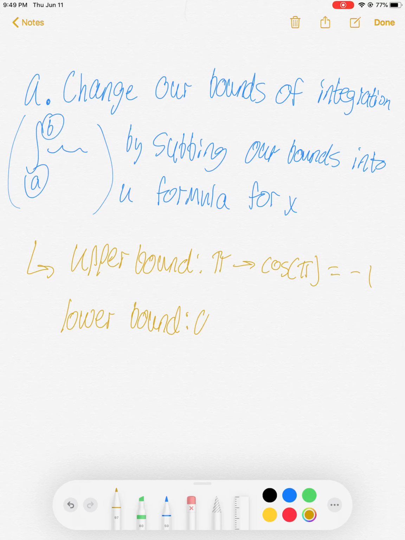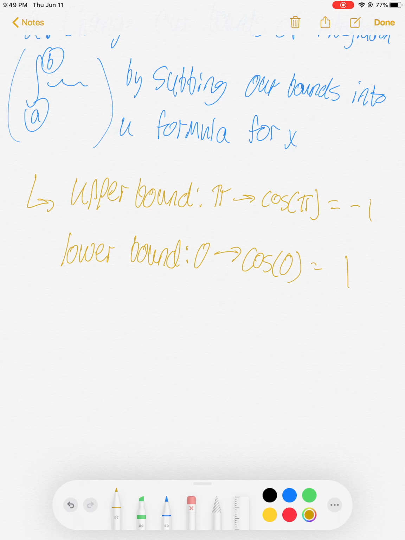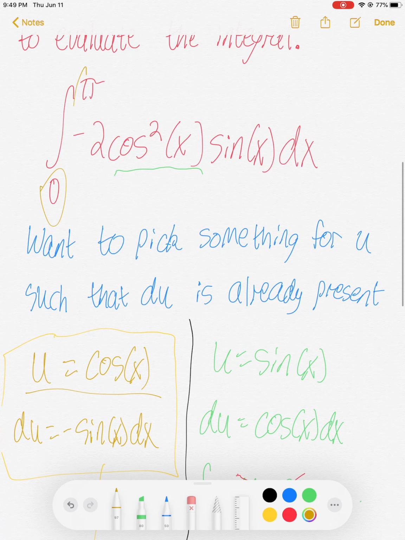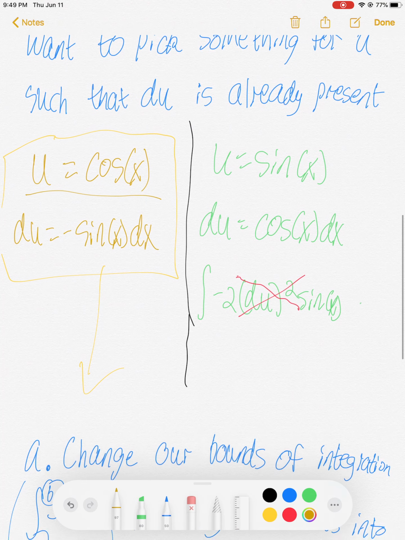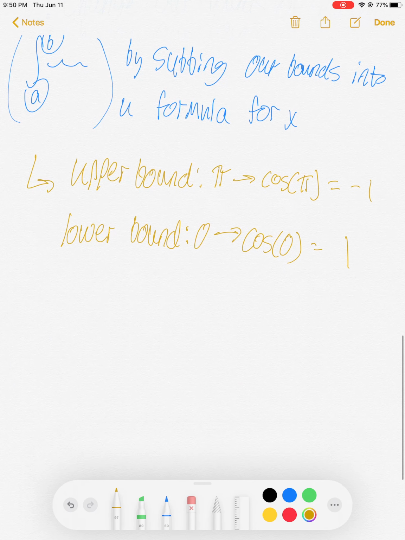So our upper bound, instead of being pi, is now cosine of pi, or negative 1. Our lower bound, similarly, and this is another one of those situations where if you don't want to write all of this out, that is perfectly fine. So long as you make the substitution, it's not a huge deal to me if you write it out explicitly or if you just make the change. So our lower bound was 0, so now it's going to become cosine of 0.